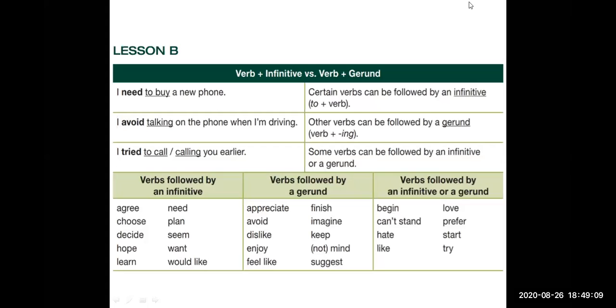To know which verb goes with an infinitive and which goes with a gerund, you have to learn all these verbs. So we have three groups of verbs: verbs followed by an infinitive, verbs followed by a gerund, and verbs followed by infinitive and gerund. Understand?